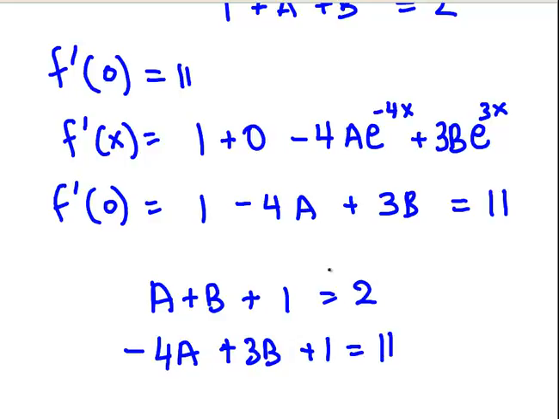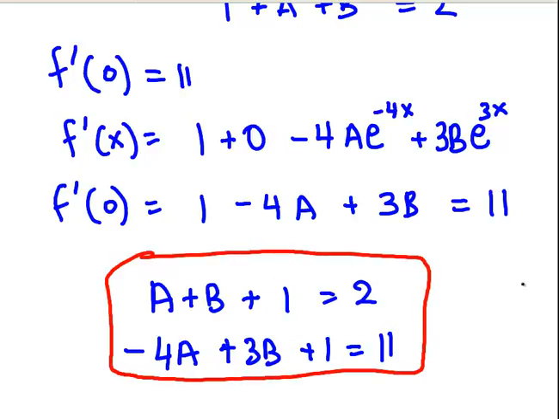Now, you could go about solving that, but for the sake of brevity, I'm just going to state that a is equal to minus 1 and b is equal to 2. It's a straightforward enough calculation to do.